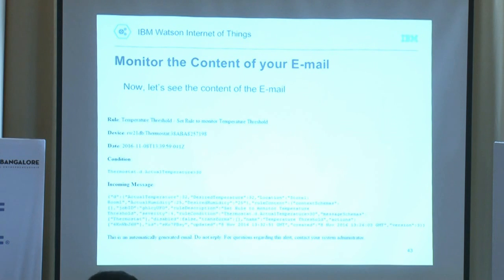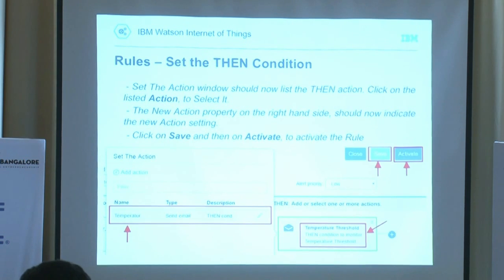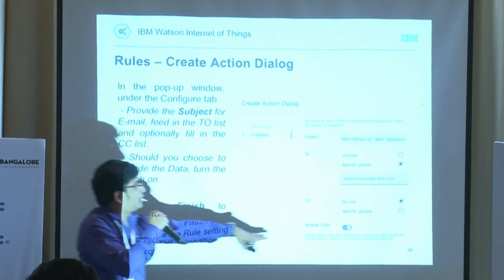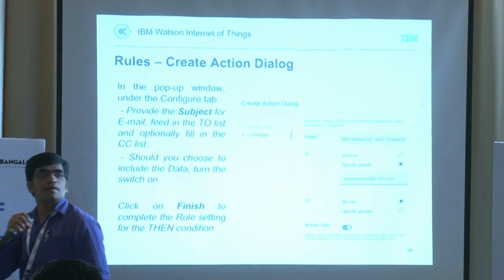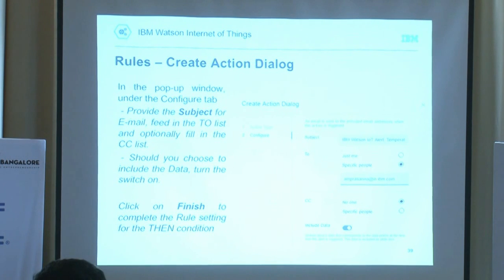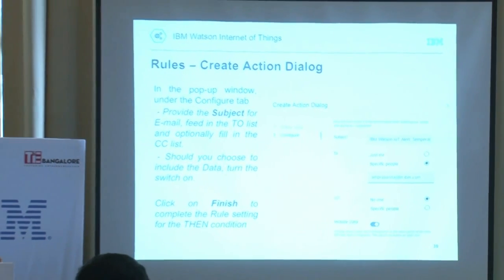There's an option to uncheck it, I guess, include data. So you can turn off the button saying that I don't want to receive the data, all I need is to get to know what happened. So you have that option.